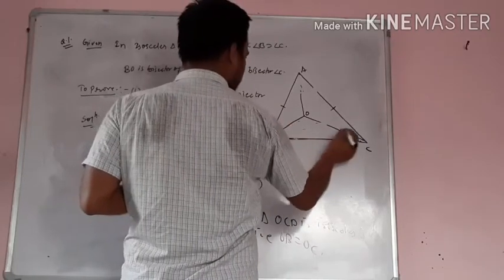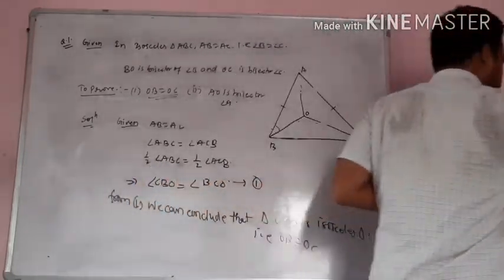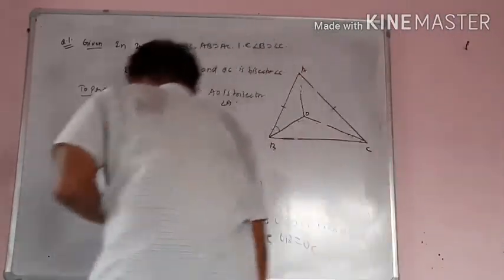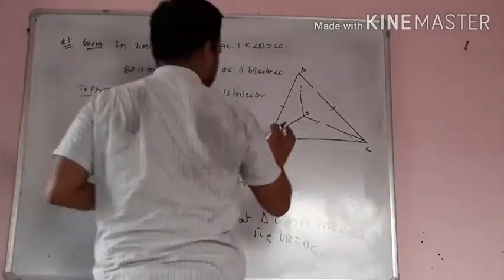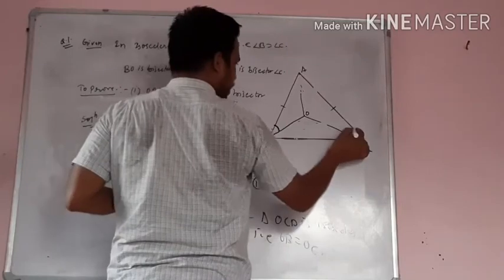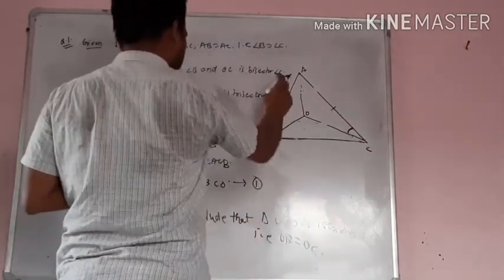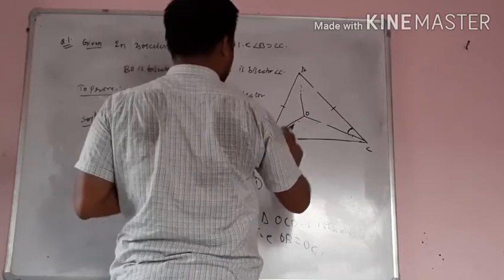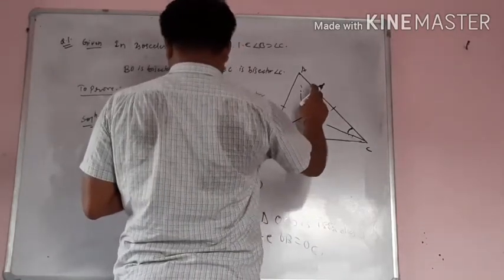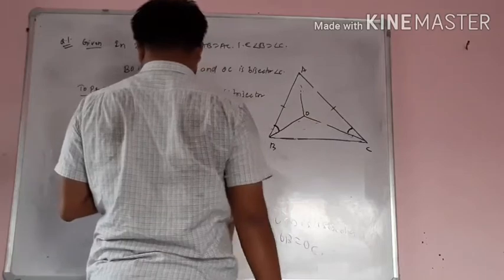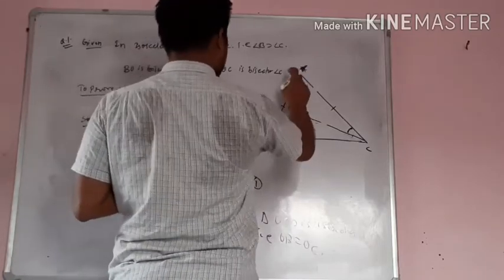Then this will be equal to this. I am marking by blue marker. See, this will be equal to this. Yes or no? So angle ABO will be equal to ACO, and we will take triangle ABO.